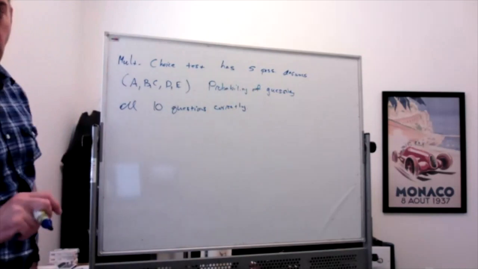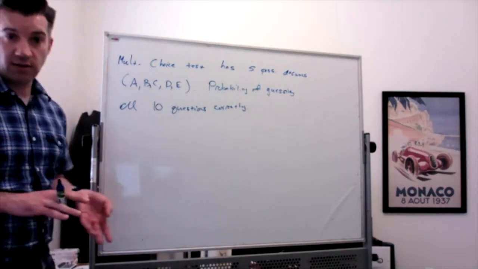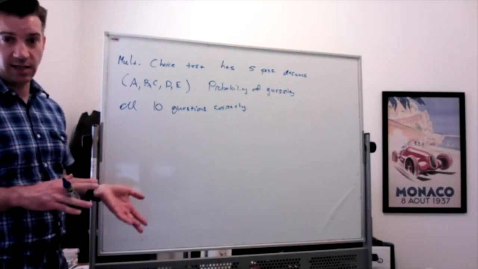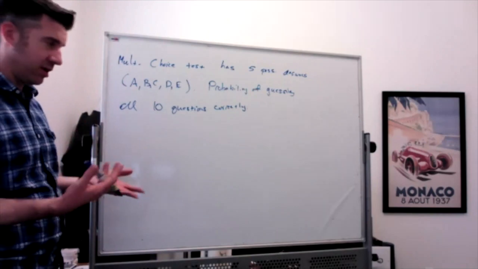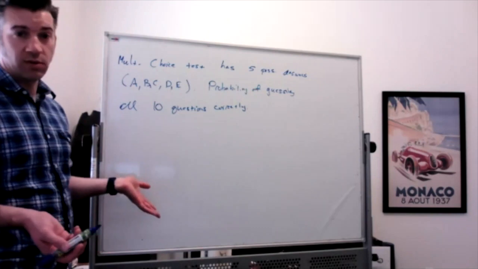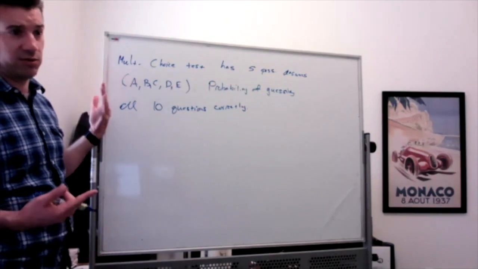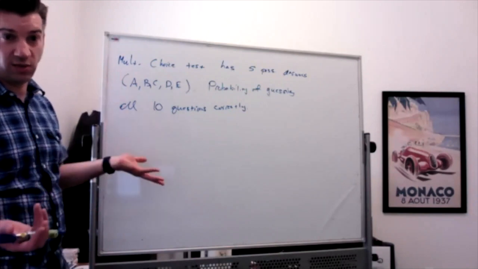We're assuming that if we're really guessing, and have no information about any of the questions, each event is independent. Guessing on one question doesn't change the probability of your guess on the next question.